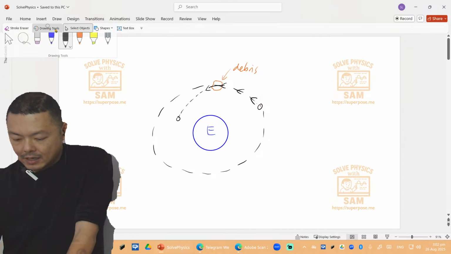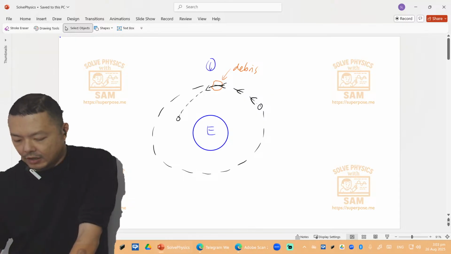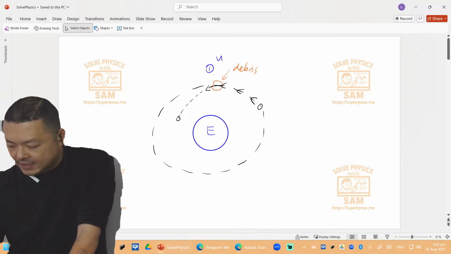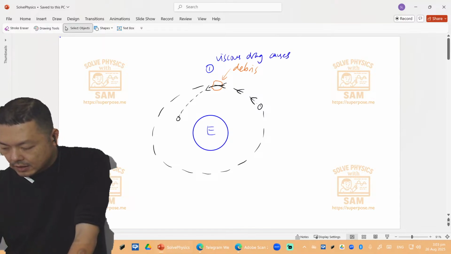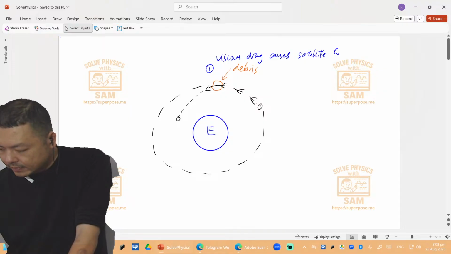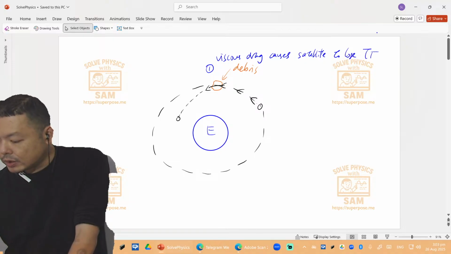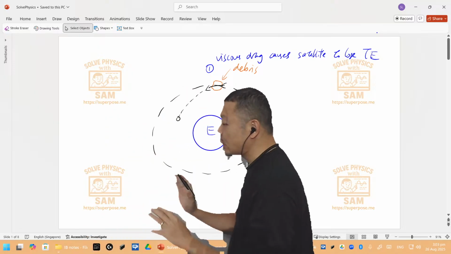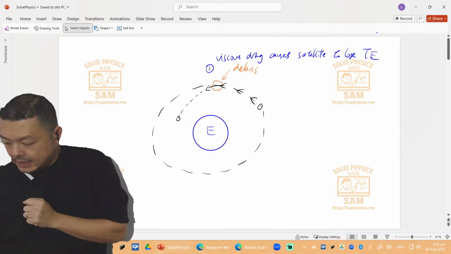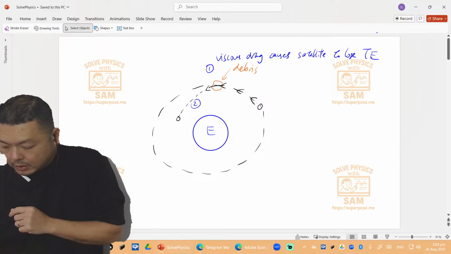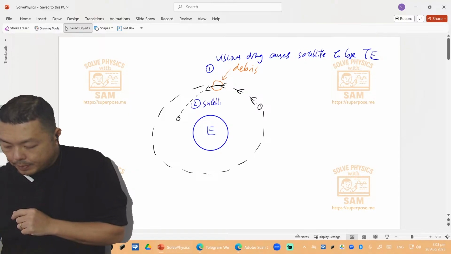So number one, this obstruction, or rather this viscous drag, causes the satellite to lose total energy. Then number two, the satellite will fall to a lower orbit.